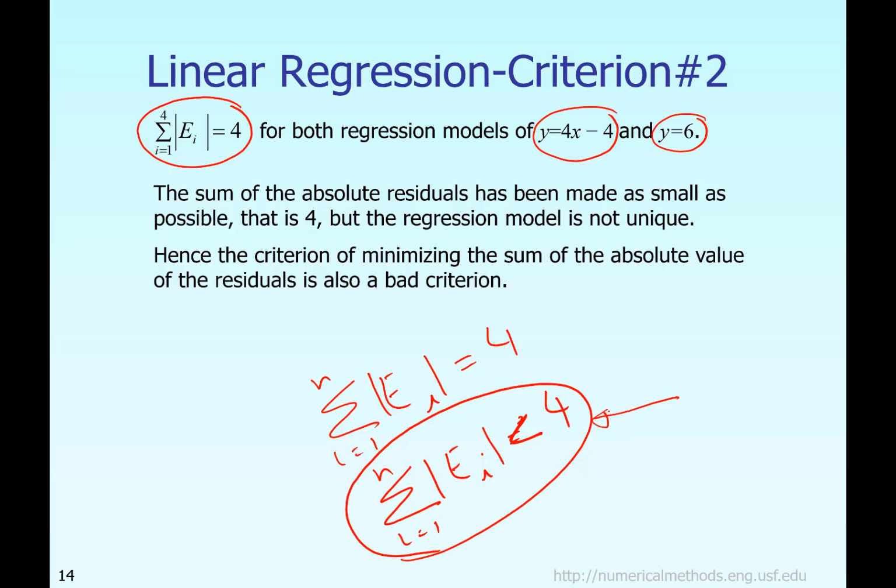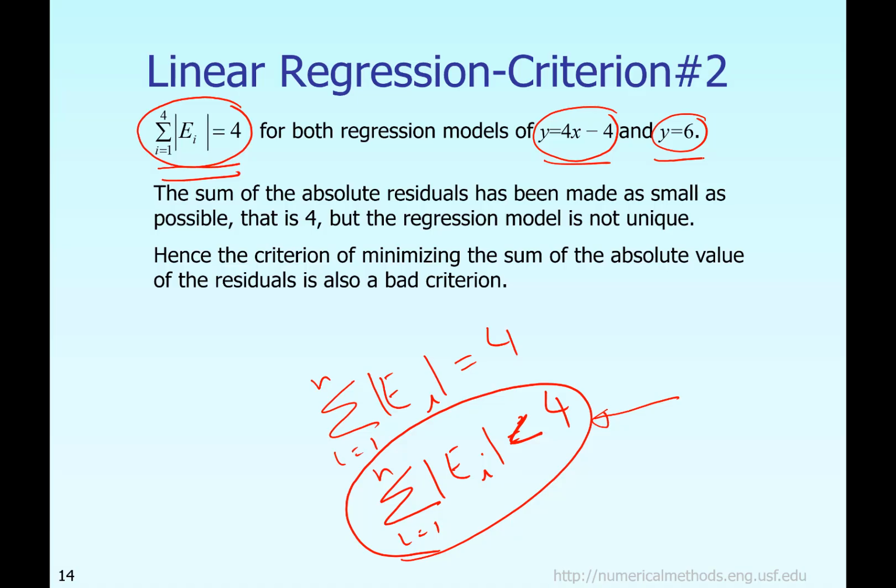So this is the minimum sum of the absolute value of the residuals you will get, and you have at least two different straight lines for which you're getting the same minimum value. So the regression model is not unique.